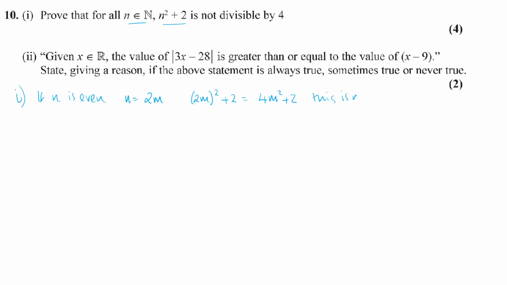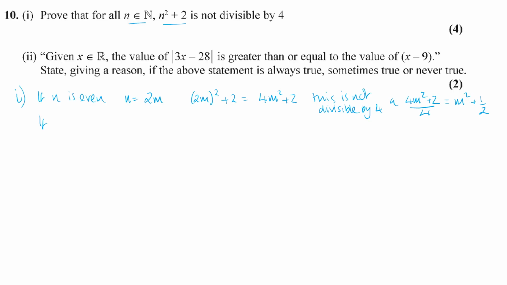This is not divisible by 4, as 4m squared plus 2 all over 4 is going to equal m squared plus a half. So m was our integer that we fed in, and having that half remainder, when we divide by 4, it's not going to be divisible by 4.